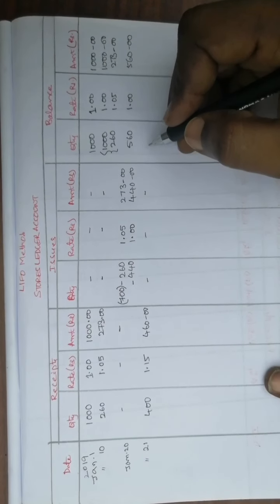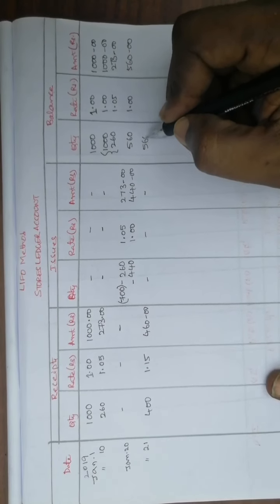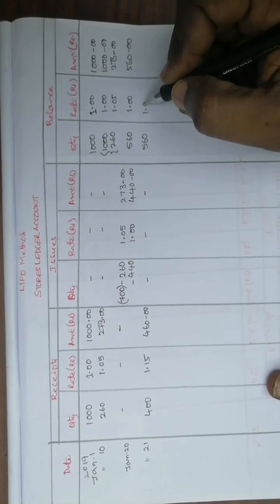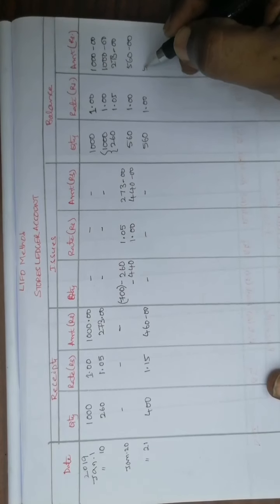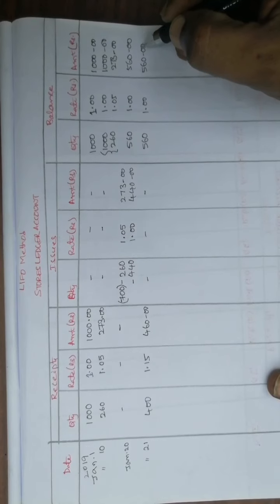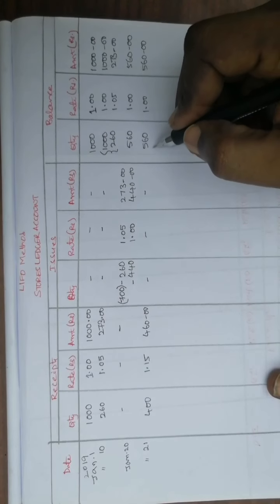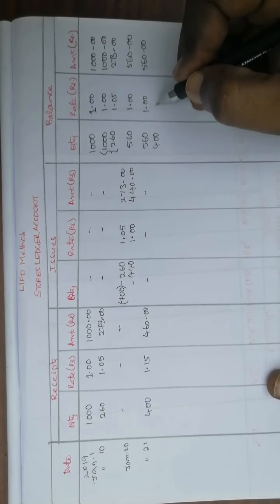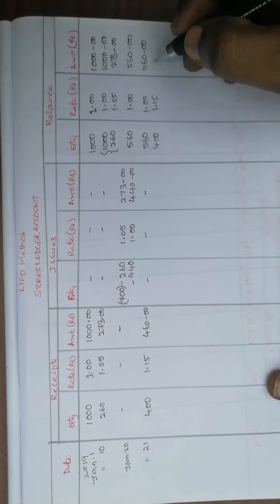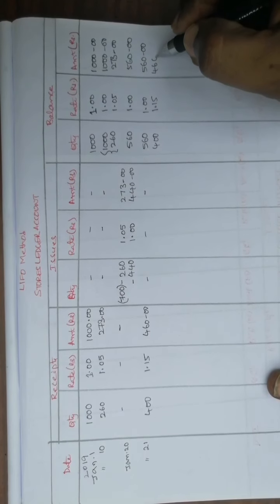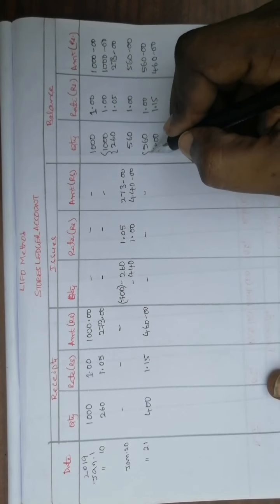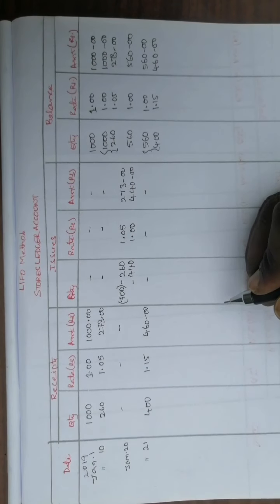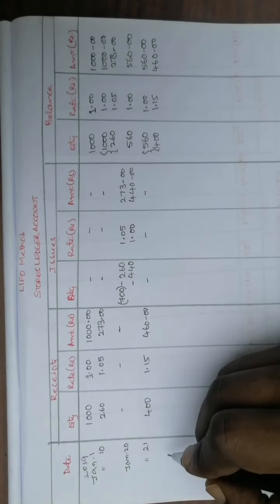What happened now? 560 we already have as balance at the rate of 1 rupee, amounting to 560 rupees. Now we have a new addition, 400 units purchased at the rate of 1 rupee 15 paisa amounting to 460. These two are available in the balance after January 21st.